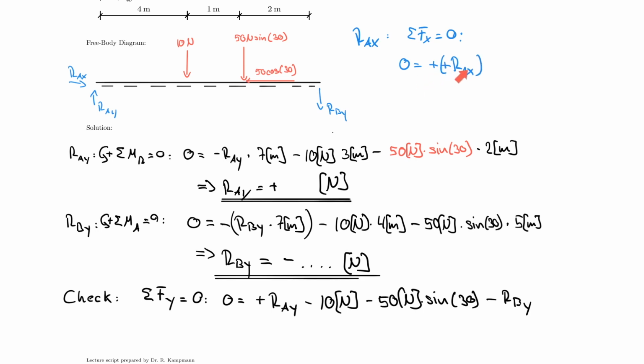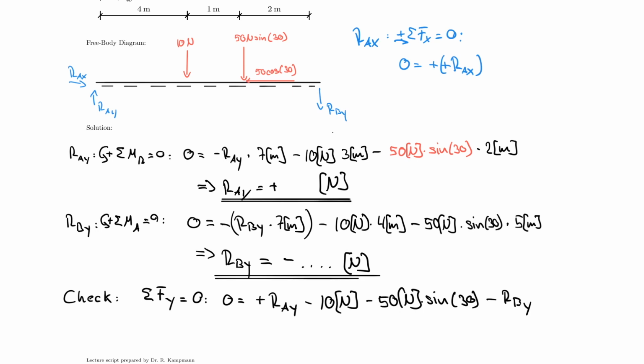So this one here says that my RAX is positive in the sketch sense, right? So I sketched it positive, but it's also positive in my directional sense, which I did not indicate here. So now I indicated it. So this positive comes from here, whereas this positive comes from the sketch. And that sometimes helps me to check myself.